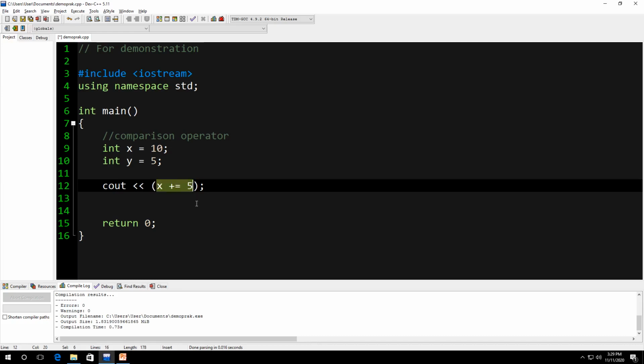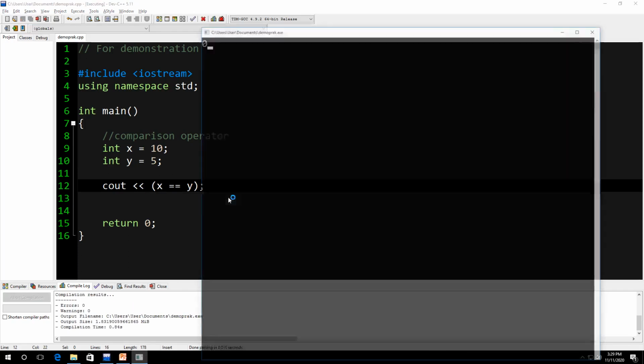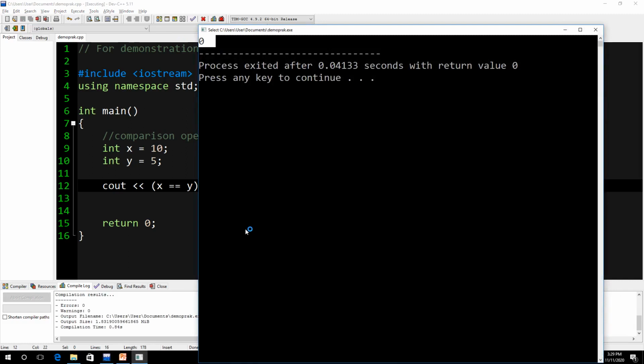So we will be comparing x and y, and it will just give you two values. So let's just try it. It should give you 0.